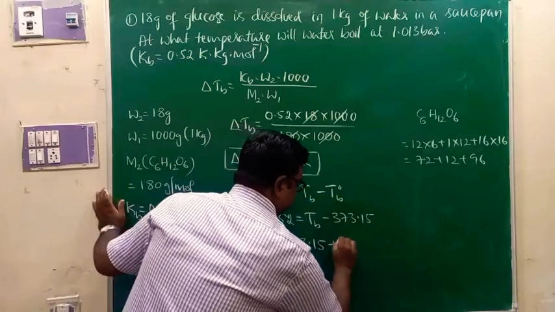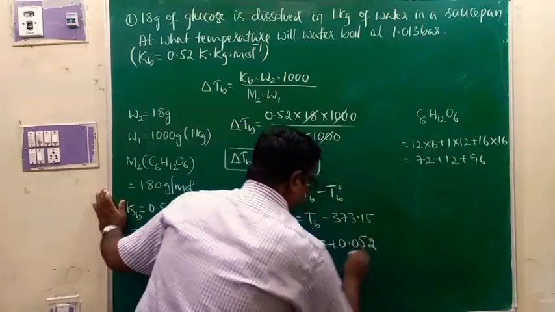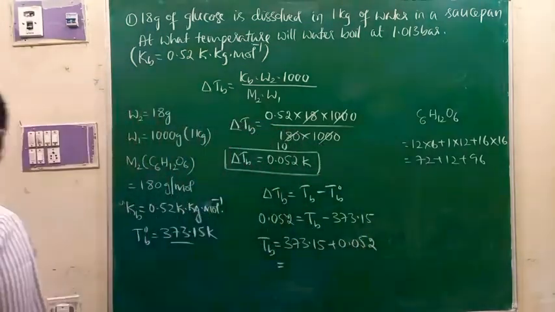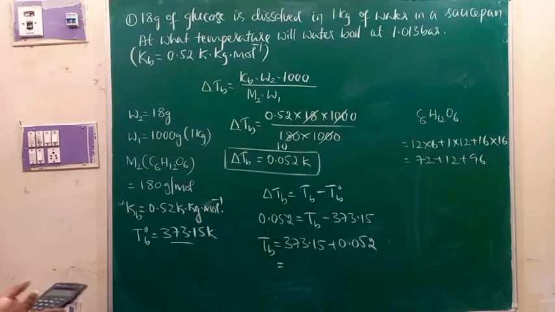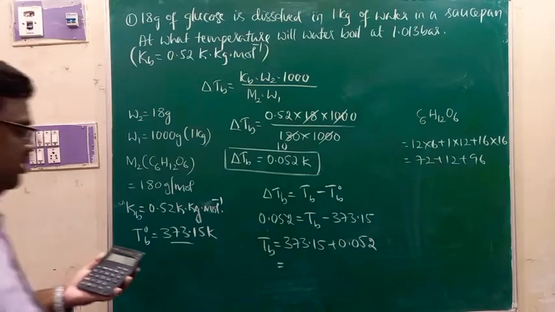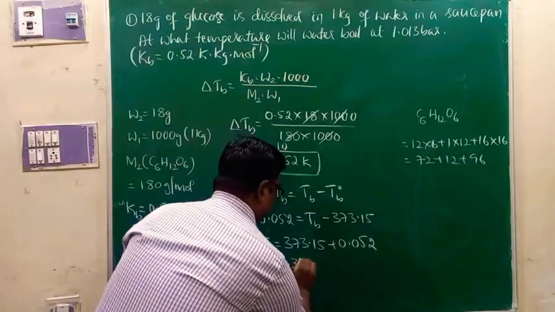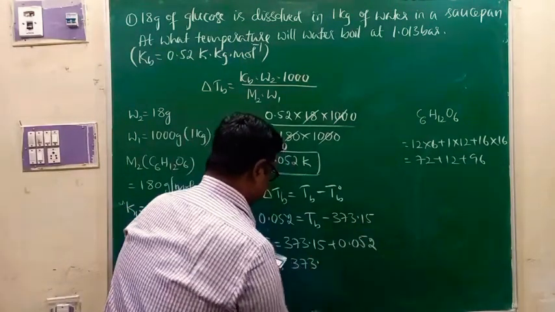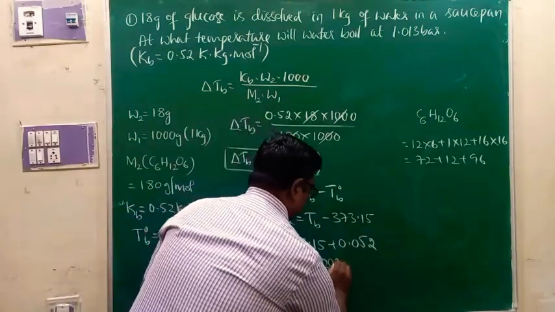373.15 plus 0.052, and simplify, you are going to get the answer. It comes out to 373.202 kelvins.